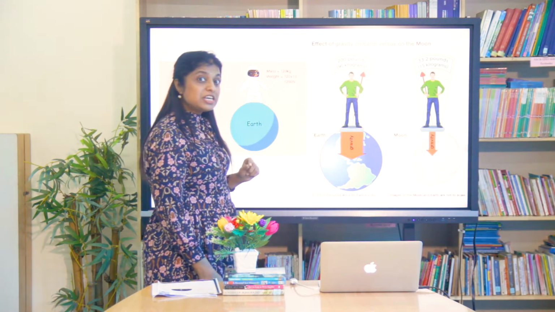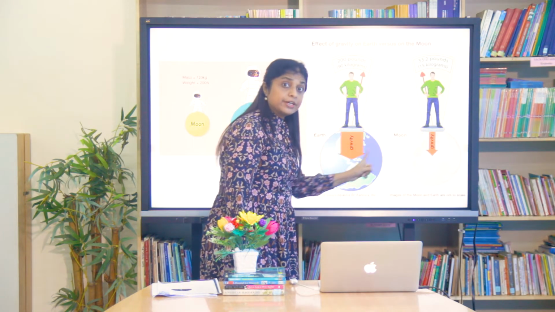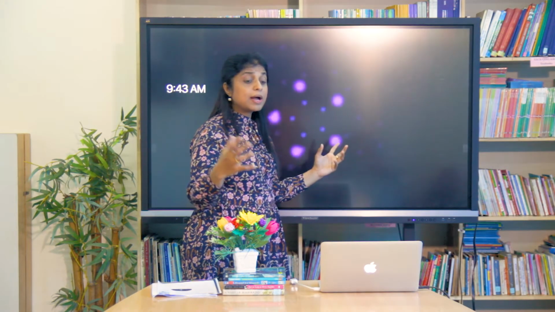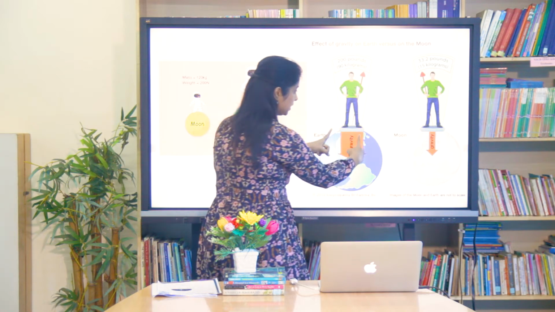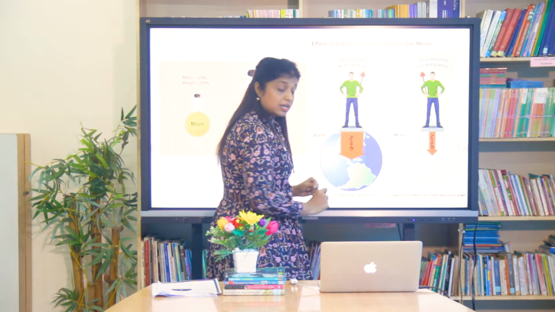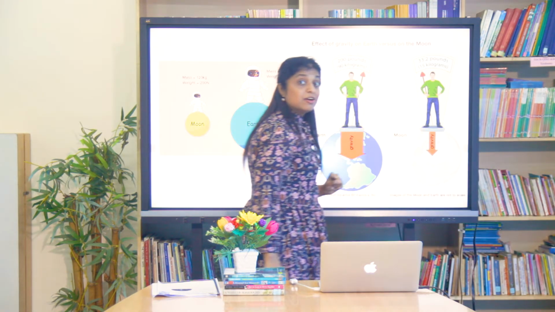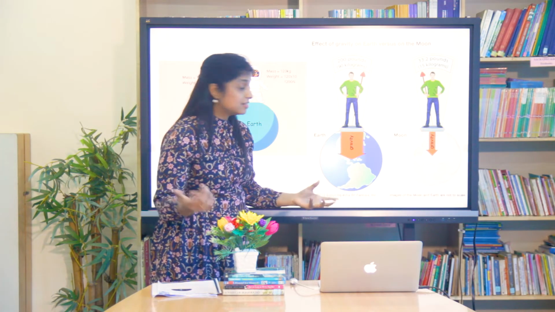Now the time to see the arrow mark carefully, because it's not just an arrow mark, it is going to tell you about the amount of gravity. You can see a thicker line here saying gravity, and you can see a thinner line saying gravity, isn't it? So that tells you a lot.